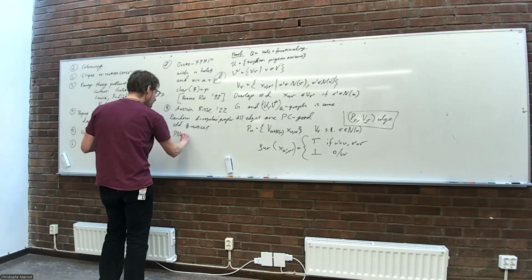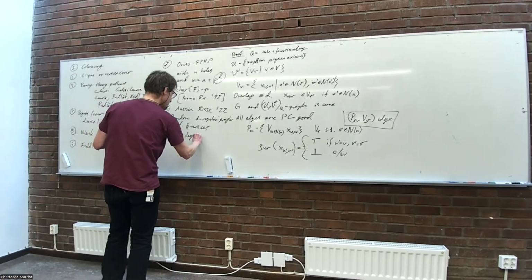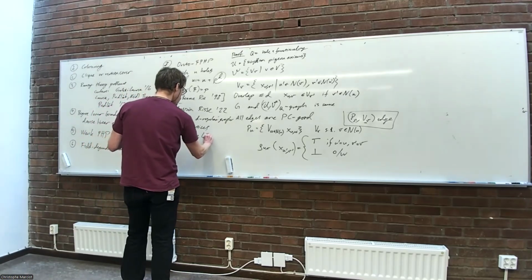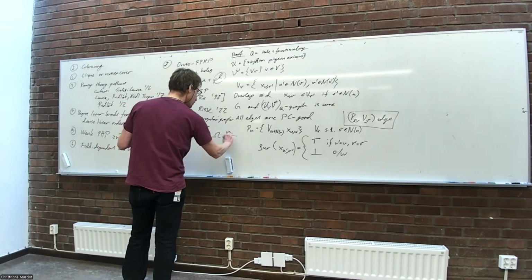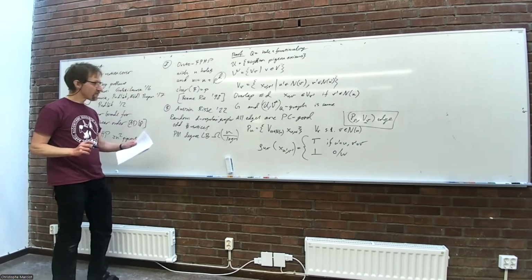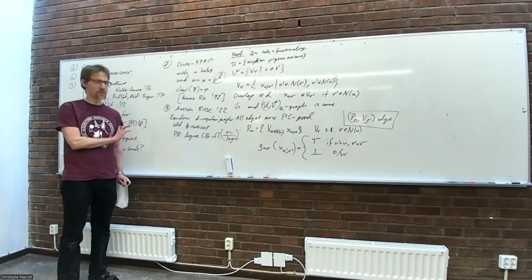So they get a perfect matching degree lower bound of big omega of n over log n, for fields of characteristic different from 2.